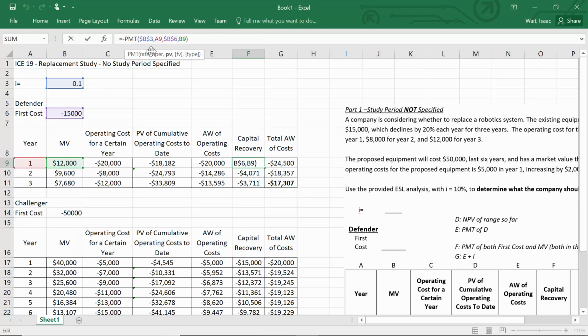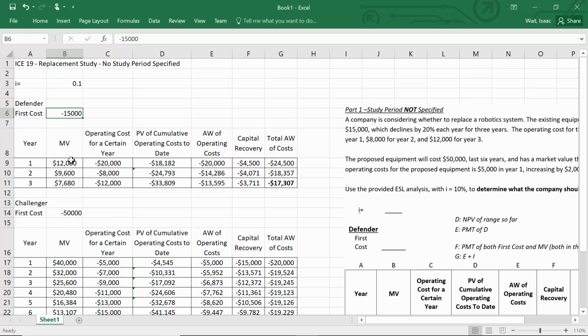The market value is what I'm using as my future value, and it's positive since it's a revenue. But then in the function, I've got this negative sign outside the payment, because if I didn't, it would turn these capital recoveries positive. And we know that it's not positive. We have a bigger first cost, which is negative, than any of the market values. So we're going to be losing money on an annual basis for the capital recovery.